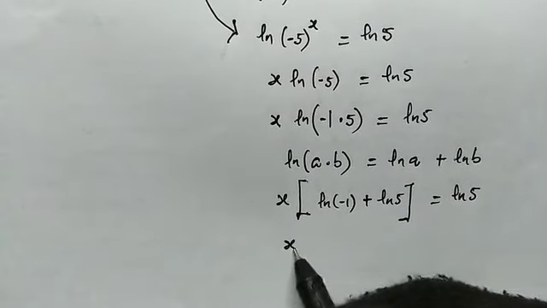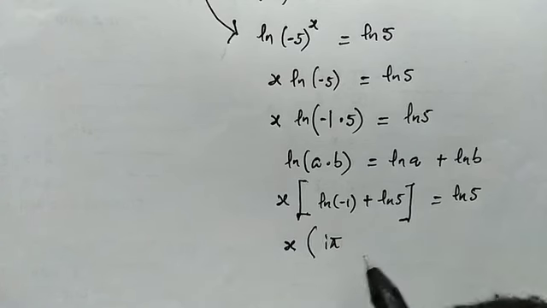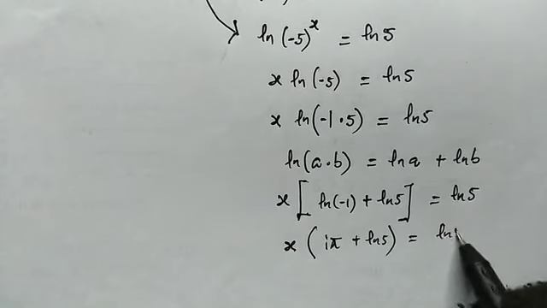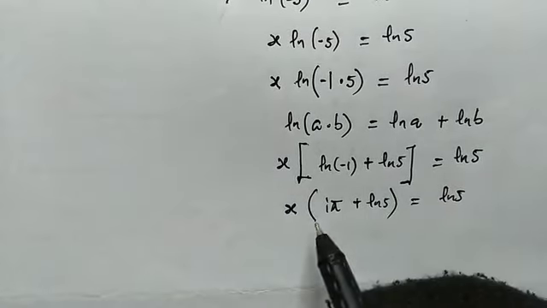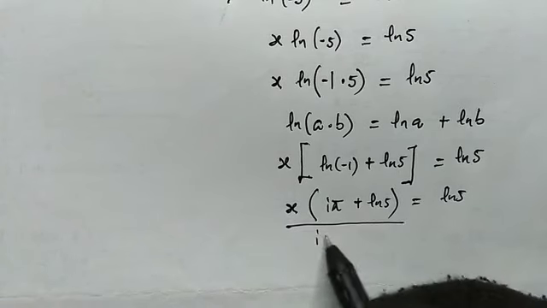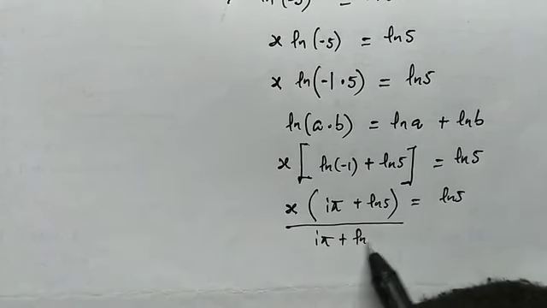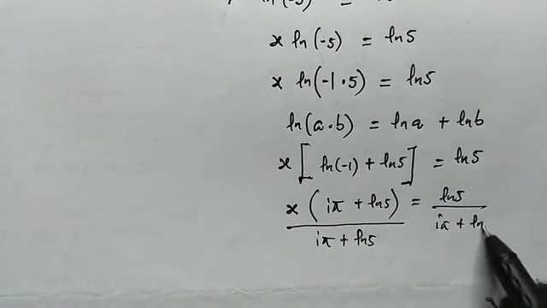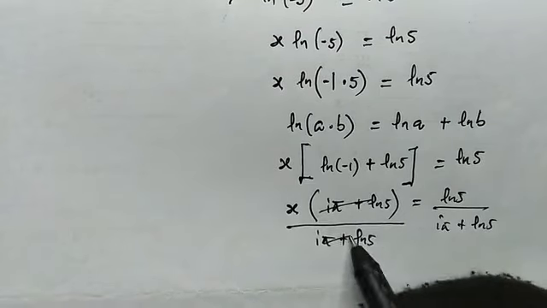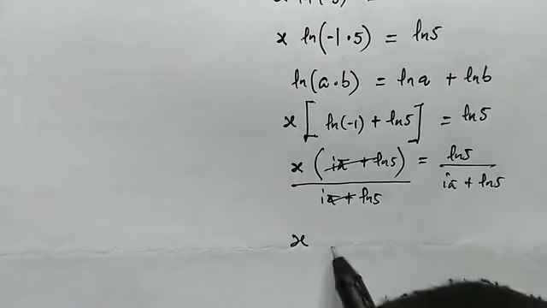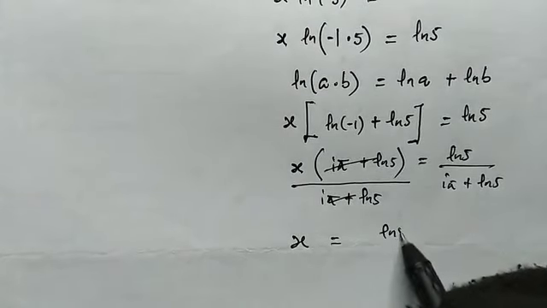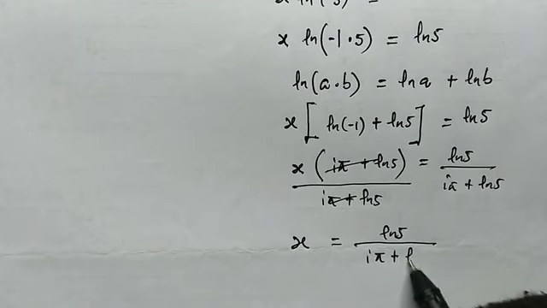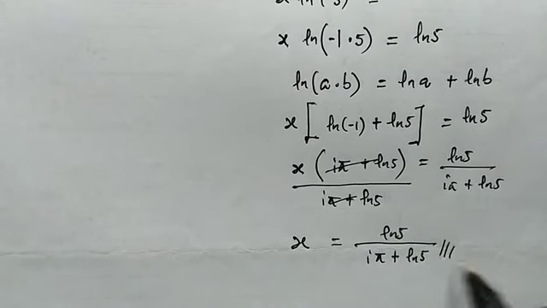So here we replace that with just i pi, then plus the natural log of 5, then this is equal to the natural log of 5. To solve for x, we need to divide both sides by i pi plus the natural log of 5. This cancels this, and here we have the solution that x equals the natural log of 5 divided by i pi plus the natural log of 5.